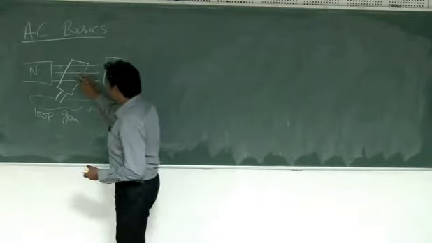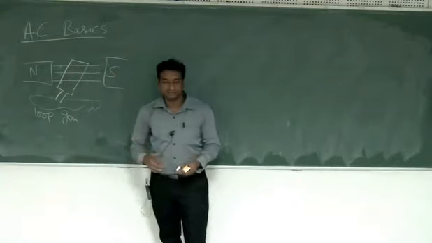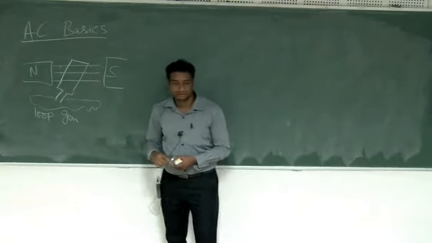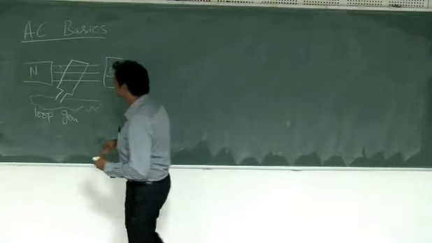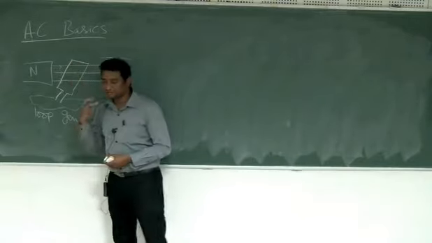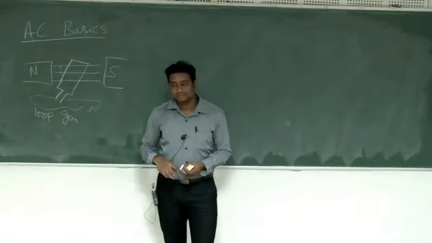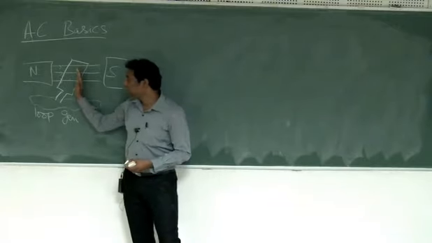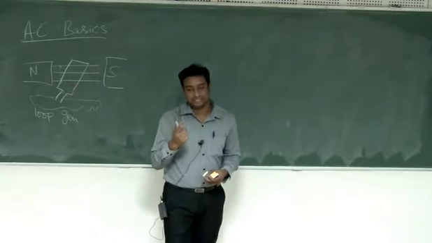Now when it is in the vertical position, how much voltage is generated in the loop? I heard maximum, but it's not actually true. The voltage generated is proportional to the rate of change of flux. When the position is vertical, all the flux is linked to the coil, but it is not changing much.